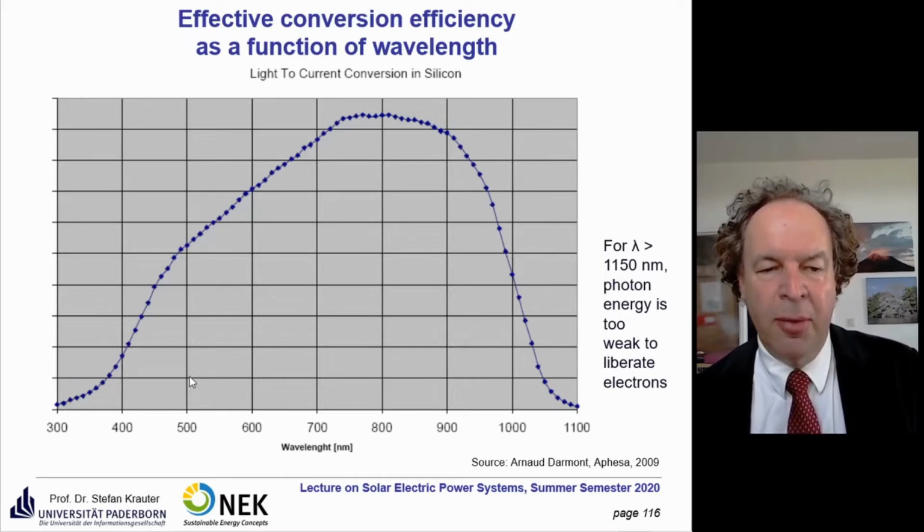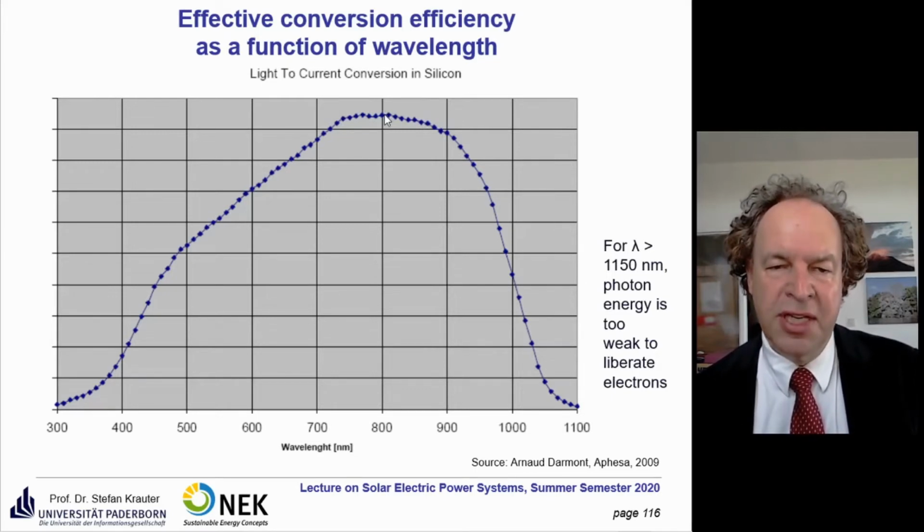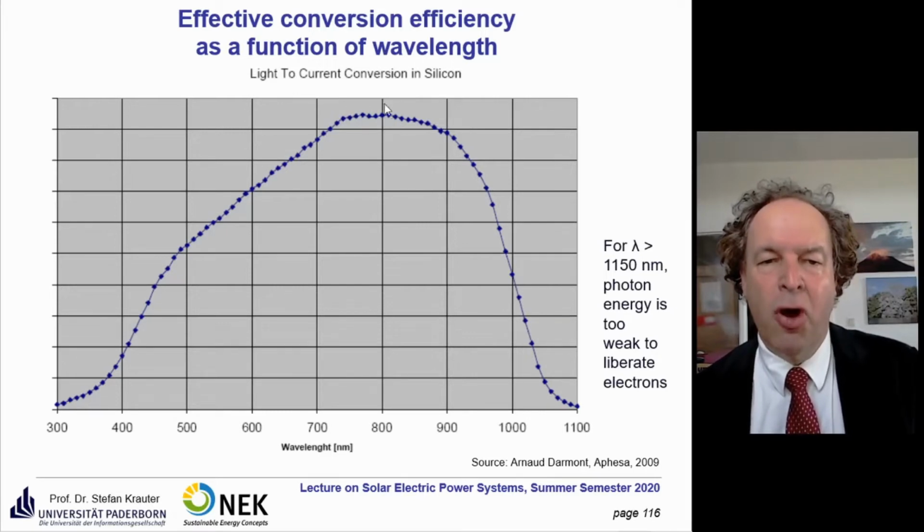And then from 500 nanometers, this is green or yellow light, there most of the sunlight is irradiated. You have quite good efficiency, but the maximum efficiency occurs in the 800 nanometer range. This is the red part of the sunlight, because the energy of the photons is exactly sufficient to liberate one electron, not more, not less.